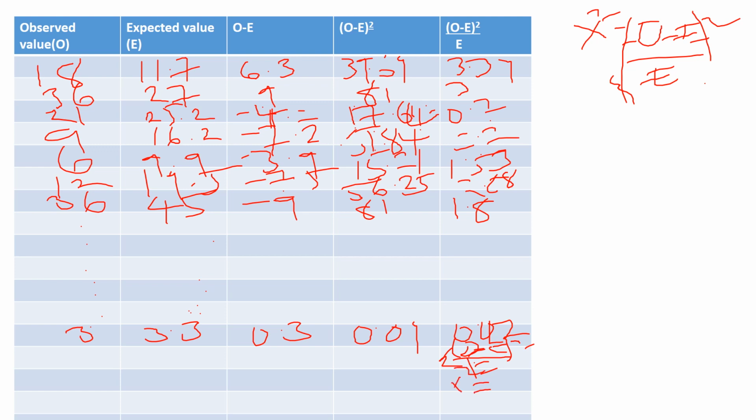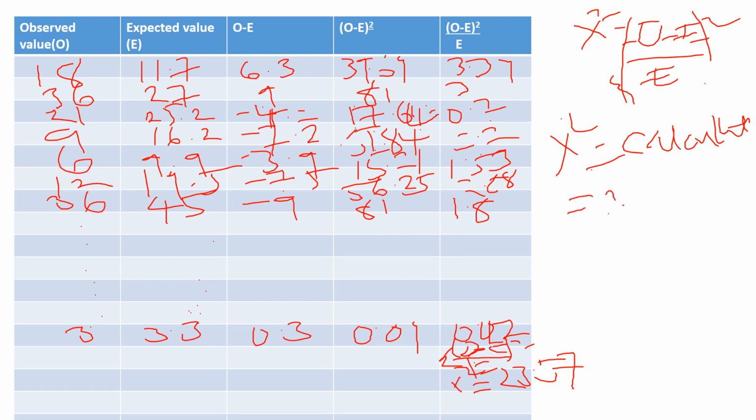This gives me my x squared, which is equivalent to 23.57.